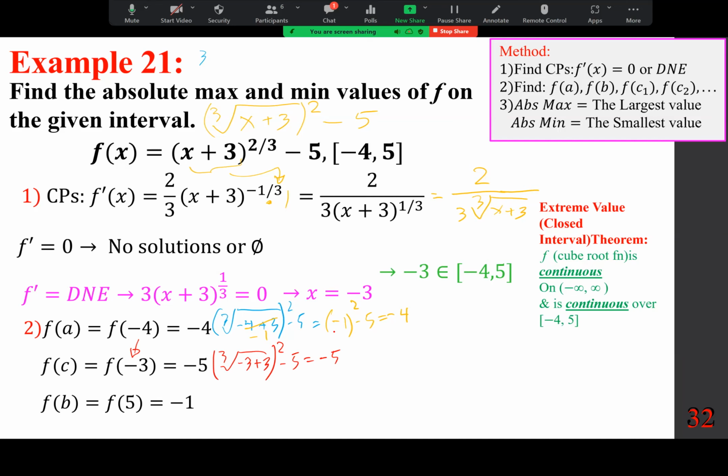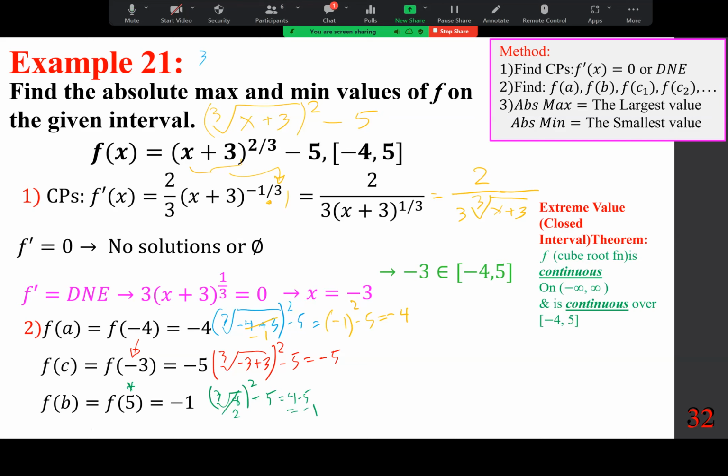And if I plug in 5, I get cube root of 8, right? 5 plus 3 is 8, squared, minus 5. Cube root of 8 is 2. 2 squared is 4. And we get negative 1. It's very easy to calculate, class.